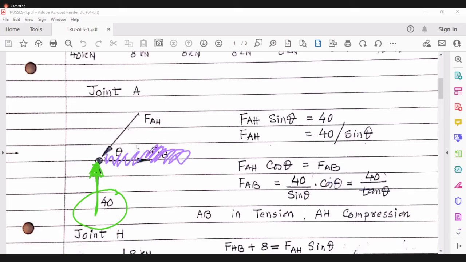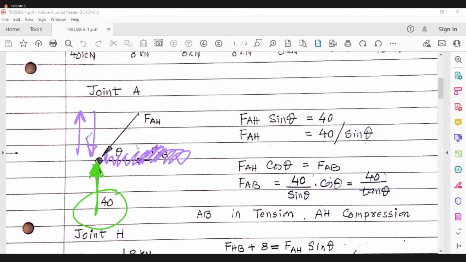It does not have a y component, so it does not contribute to force in the y direction. But FAH has a component in the y direction, and that will be like this or like this.